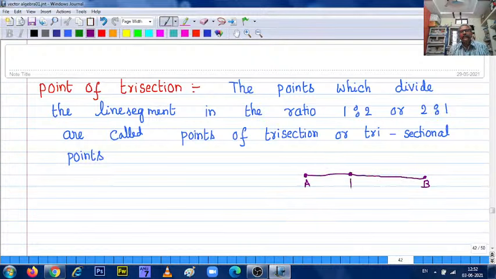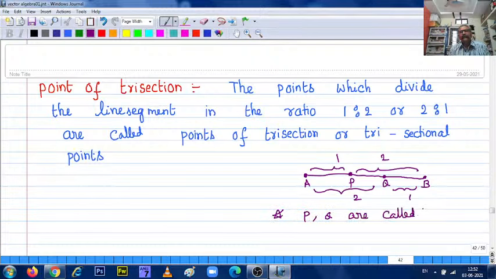Suppose the two points P and Q. P divides in the ratio 1:2, whereas AQ is to QB equal to 2:1. Therefore, P comma Q are called points of trisection.